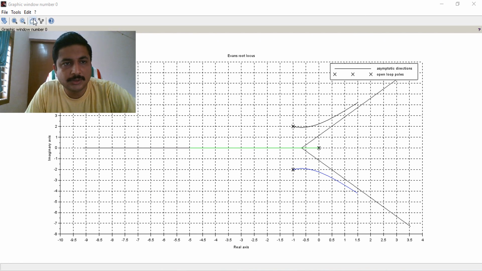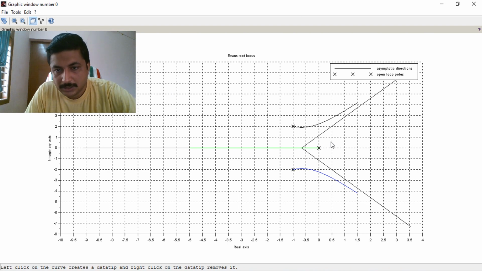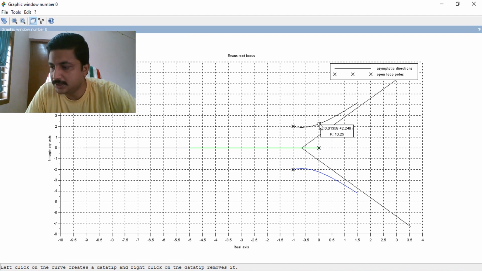Now use the data type, click it and find out exactly where it is crossing the j omega axis. Theoretically you find that it is crossing at somewhere plus or minus j 2.23. So it's somewhere here, yeah, it's approximately here, where it's crossing.